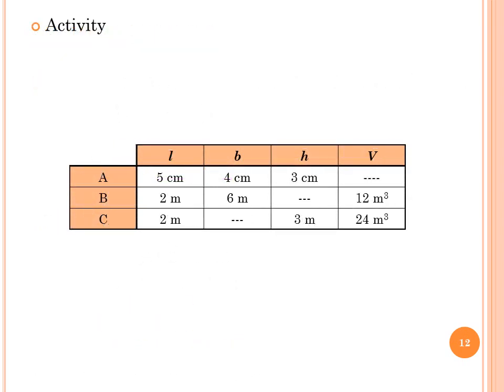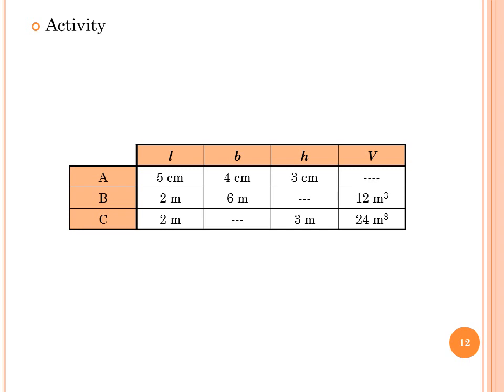Now children, let's do a small activity based on what we learned today. There is a small table with the length, breadth, height and volume. And the three containers A, B, C are there. In container A, length, breadth and height are given.